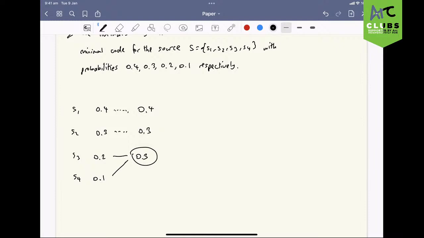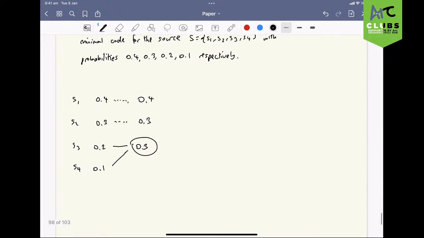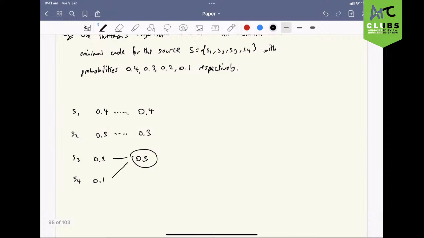Now, the variant of Huffman's algorithm that we're going to use, we're going to always keep whatever new probability we found at the topmost position of the column possible. That's saying if there are ties like this, 0.3 and 0.3, we always want to make sure that the new symbol that we create goes on top. So instead, we're going to actually have something like this.